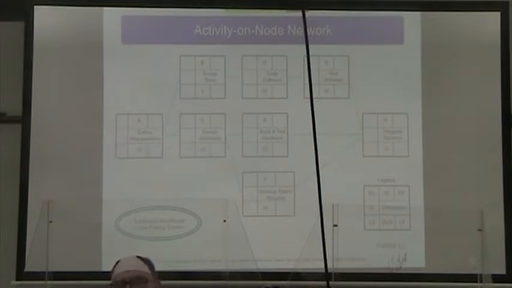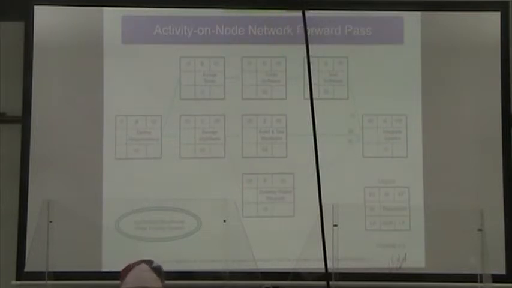Now this seems very complicated, but it turns out to be quite simple. Here we have the forward pass. We always start with 0 on our very first activity, so the early start time is 0 for that activity.